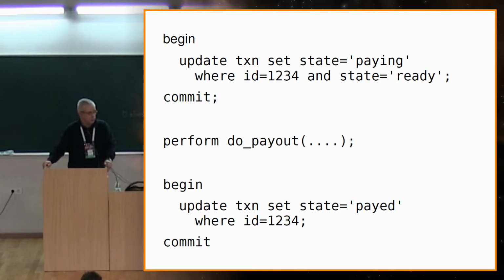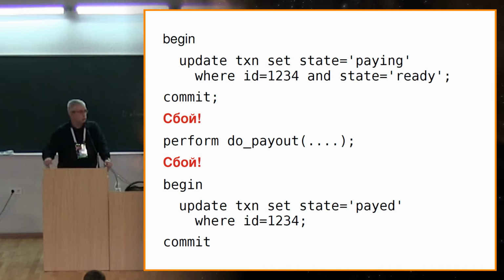So the first transaction for payment was conducted, the payment was transferred, and we receive the message, paid. And what is wrong? What else? Well, it's bad as well, but at least we won't pay twice. Have you thought about this?